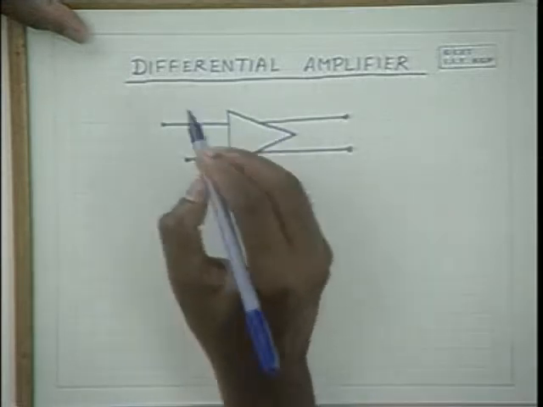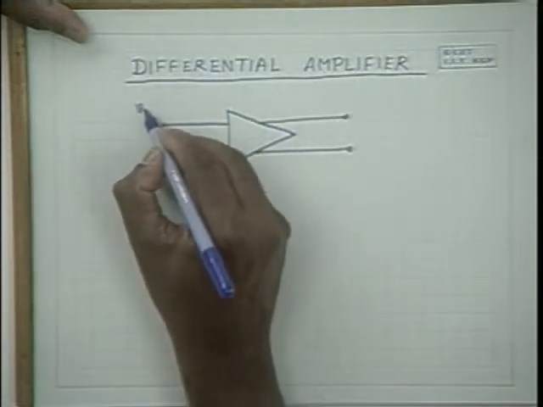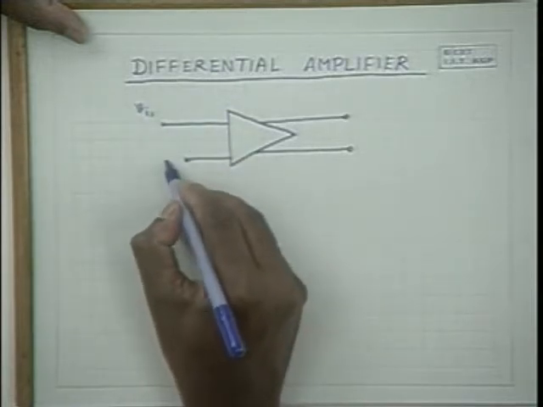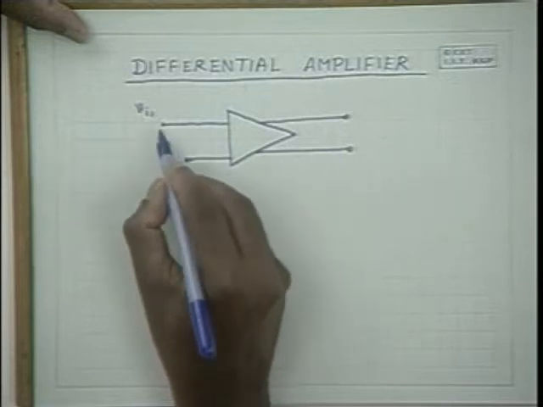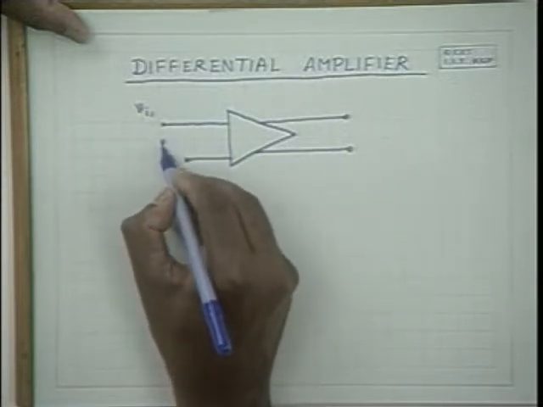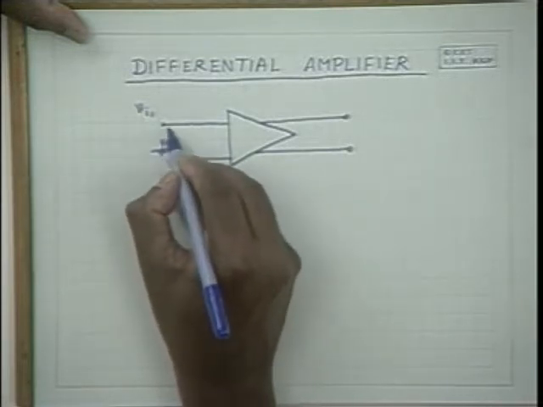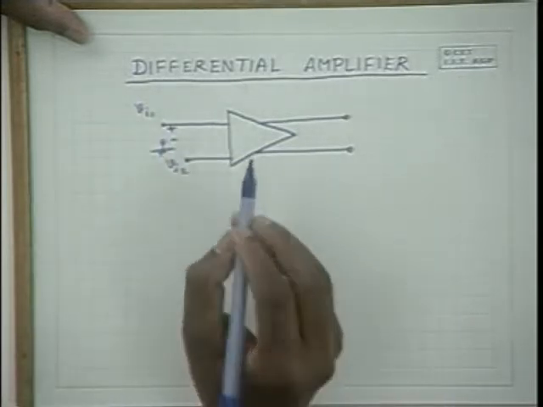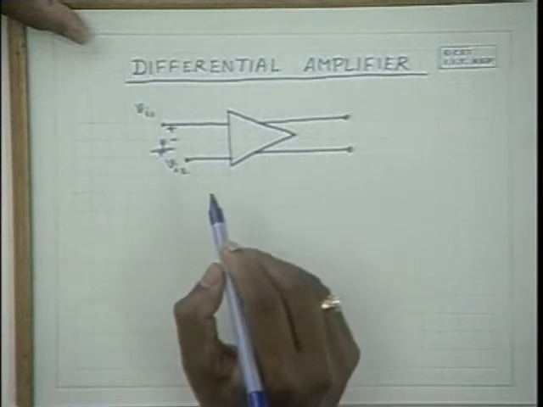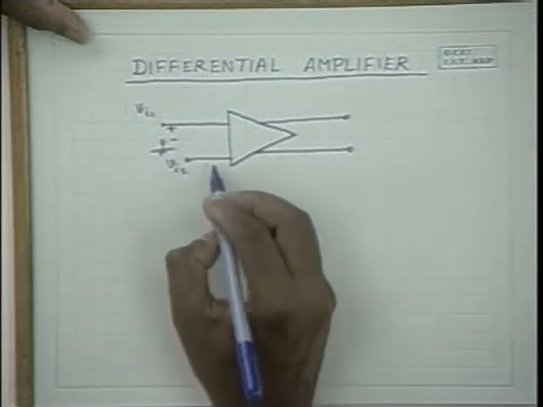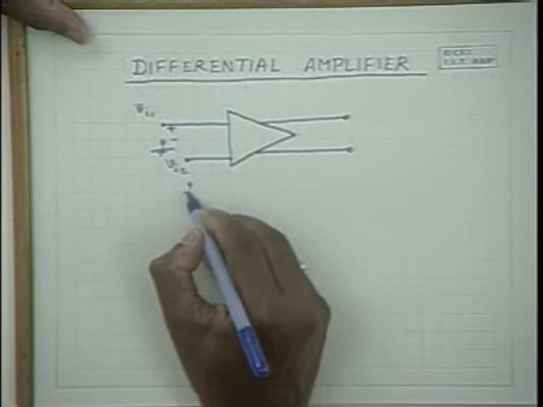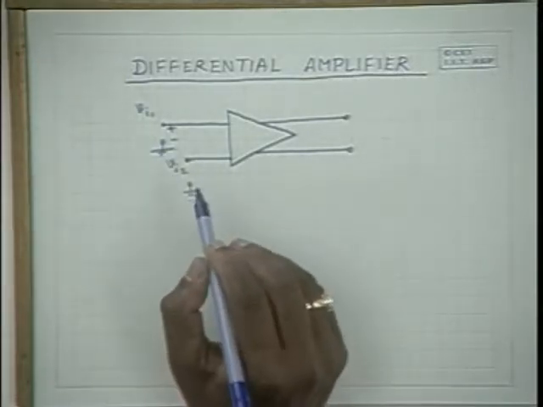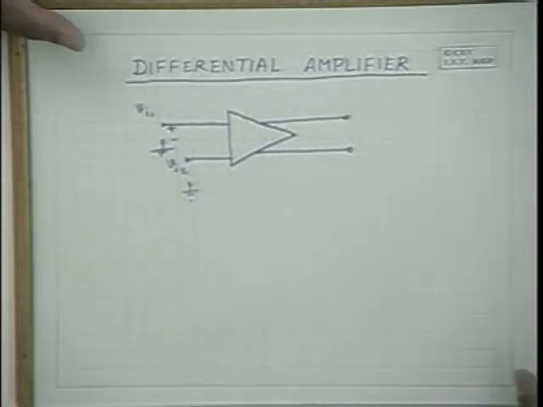So the differential inputs, if you call this signal Vi1 and this one Vi2, Vi1 is with respect to the ground. If Vi1 is applied to input 1 and Vi2 is applied to the other input with respect to the ground, then you have two different signals that can be applied to a differential amplifier.